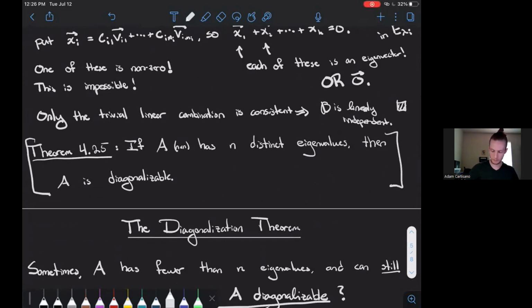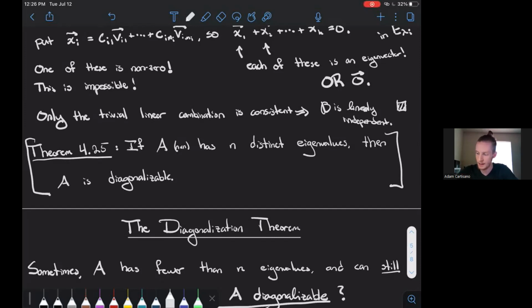By the way, I mentioned this in the video for 4.3. If an n by n matrix A has n distinct eigenvalues, think about what that means. That means that it has n distinct eigenspaces, each of which would have to be precisely one dimensional. Think about that one.